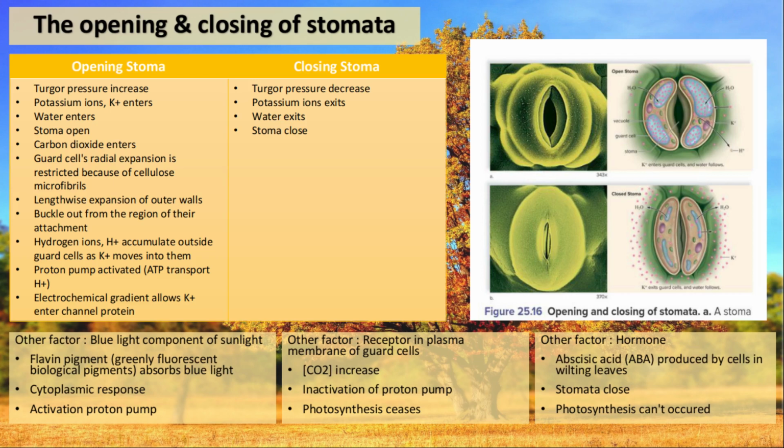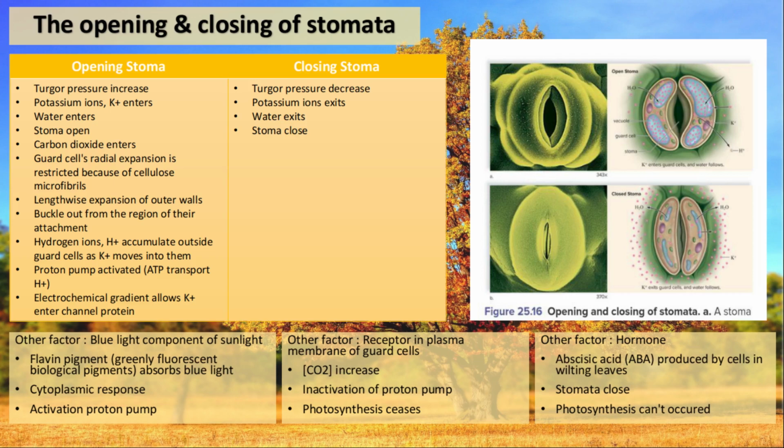Kemudian buckle out from the region of their attachment. Untuk ini korang lihat pada bahagian figure ni juga. Waktu stoma close, dia melekat ataupun rapat. But apabila stoma ni terbuka, dia akan terlepas daripada dia punya attachment tu.